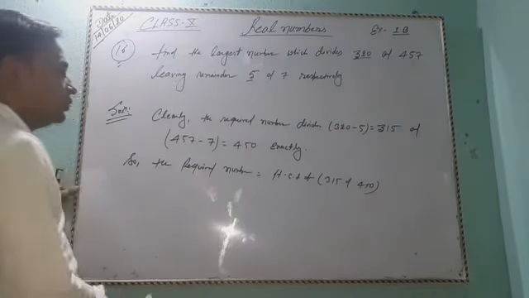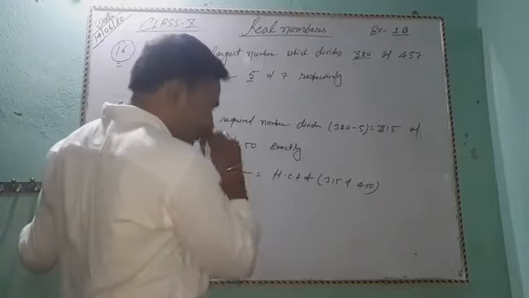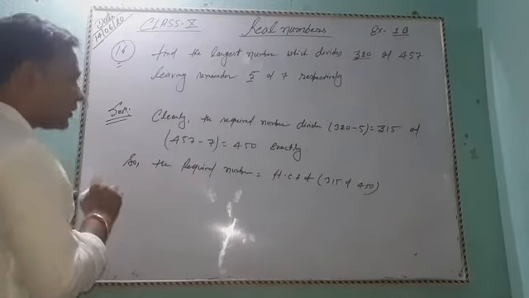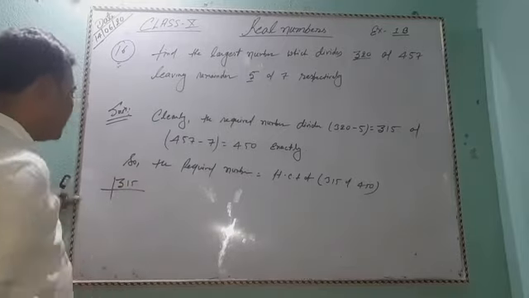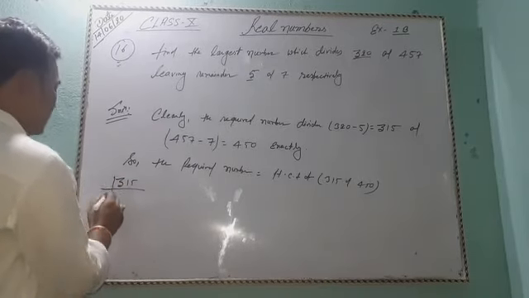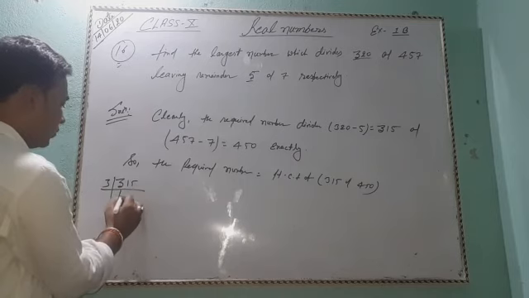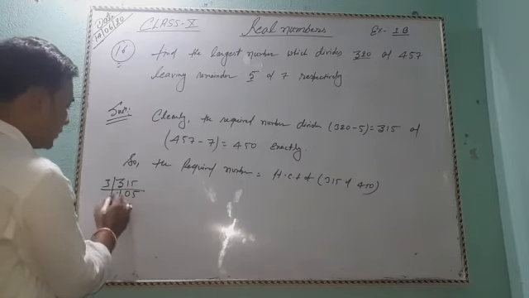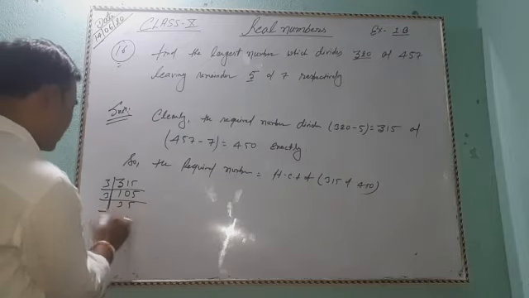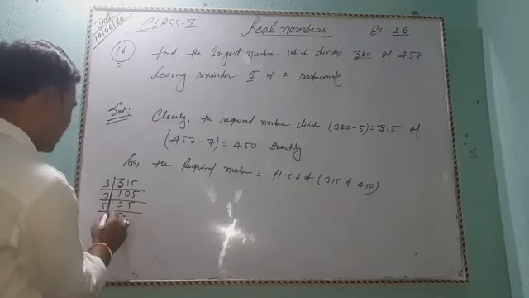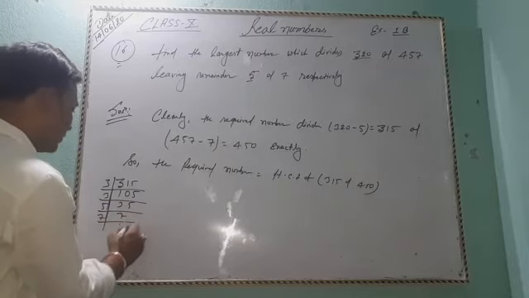So first of all, the prime factors of 315: 3, 1, 5, 3 3s are 9, 5 is 15, 5 7s are 35, and 7, 1.